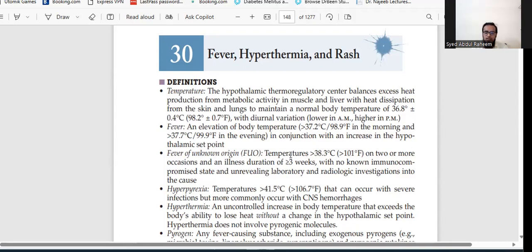Okay, this is one example. There are a number of things that cause the hypothalamus to raise the temperature.